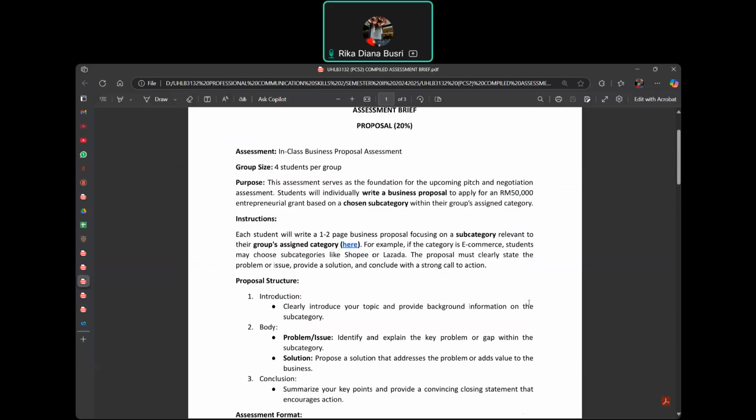So the reason for me to choose Lala Move as my brand is because I know how to improve the service. Because as an insider, he sees the problem with it. So he knows how to improve it. Okay? So that is what I want you to do next.